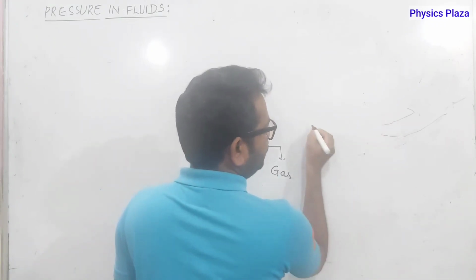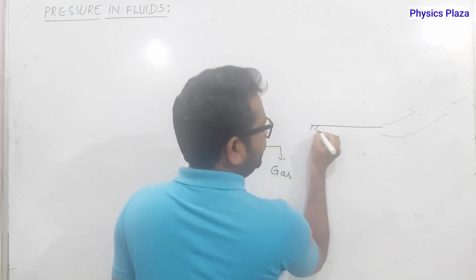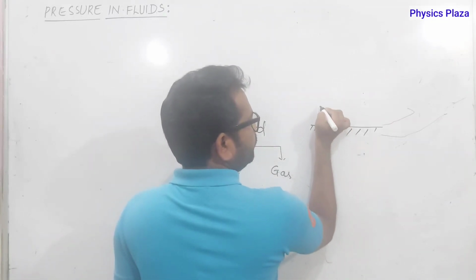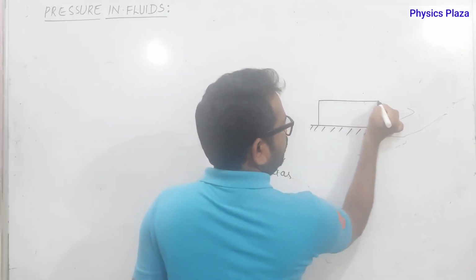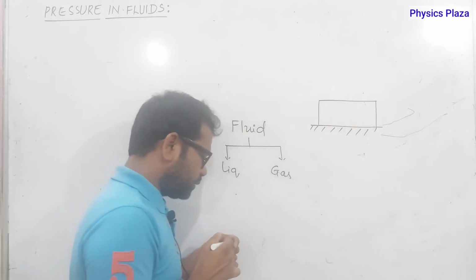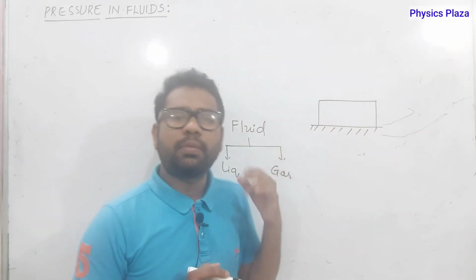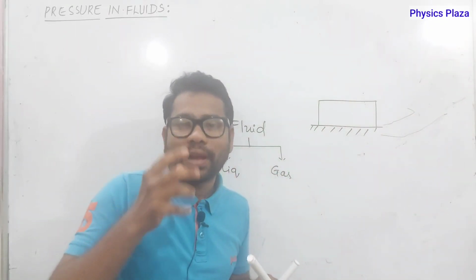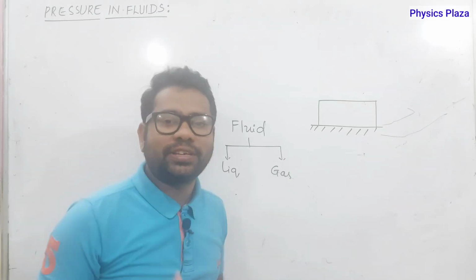Let us take a surface. On this horizontal surface, an object is placed. Every object has a mass, children. As every object has a mass, due to the force of gravity it has some weight.